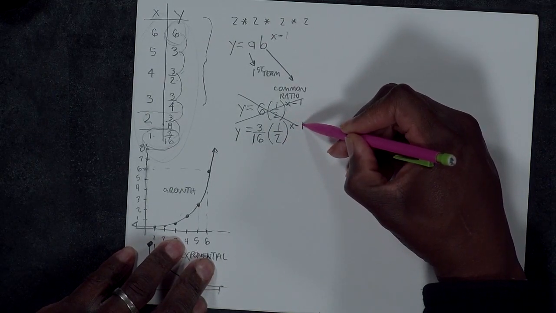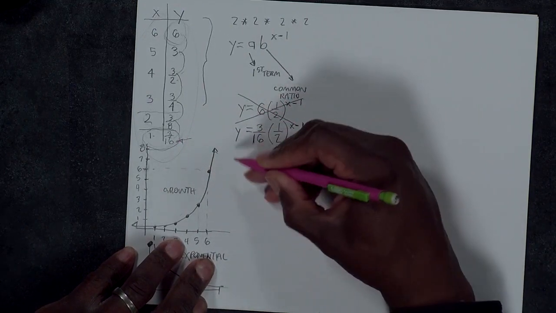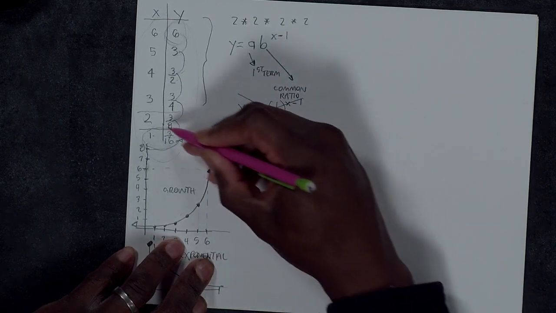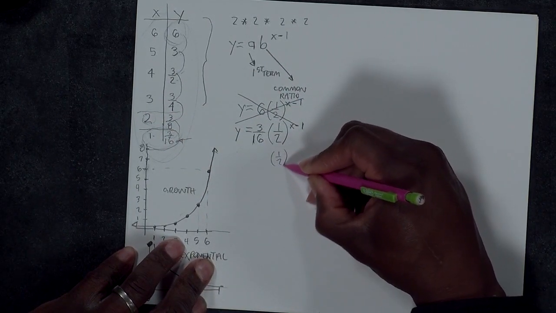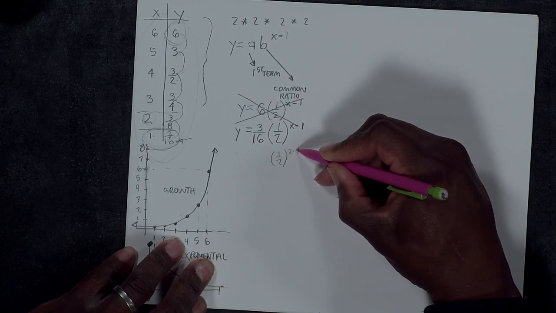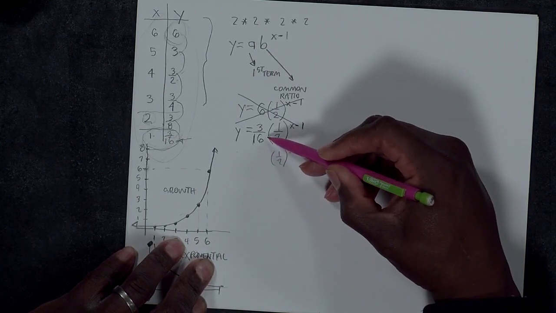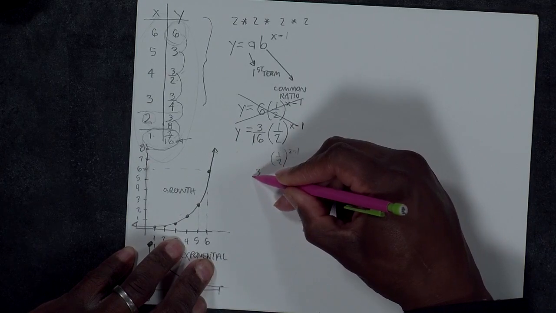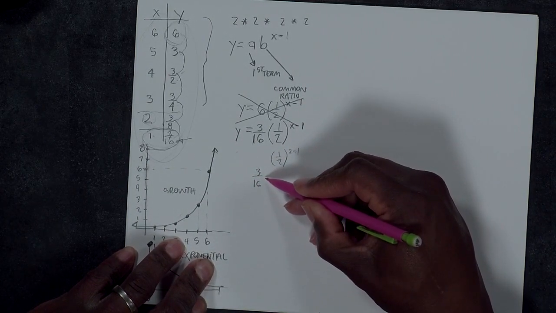Half to the 0 power is 1, and 1 times the 3/16 would give you the 3/16. If we put in x is 2, we'd have half to the 2 minus 1, which is 1. Half to the 1 is half.